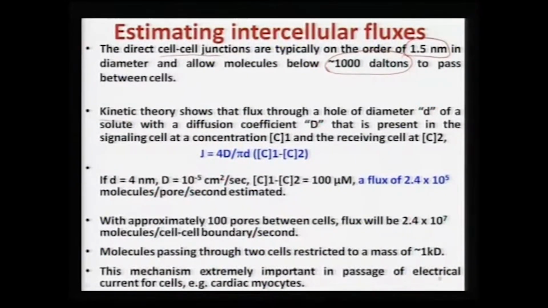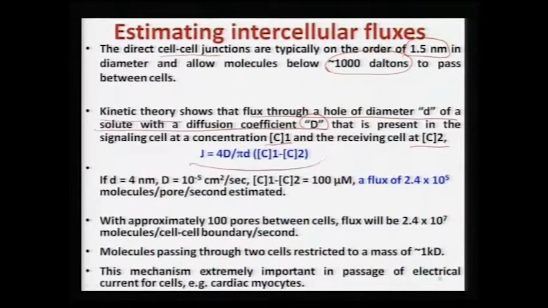Kinetic theory shows the flux through a hole of diameter d, of a solute with diffusion coefficient capital D, present in the signaling cell at a concentration C1 while the receiving cell has a concentration C2.